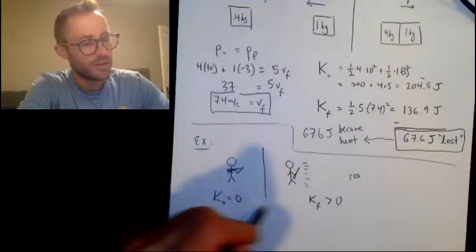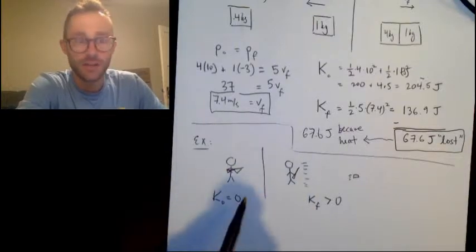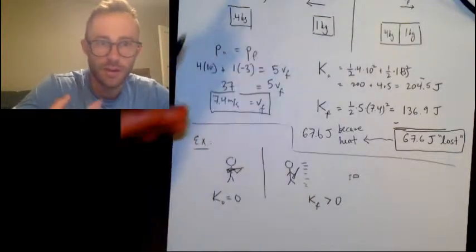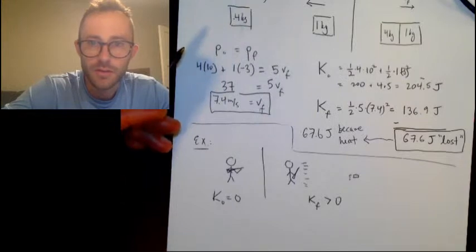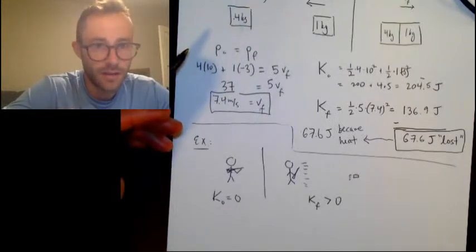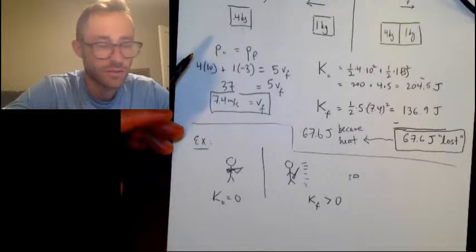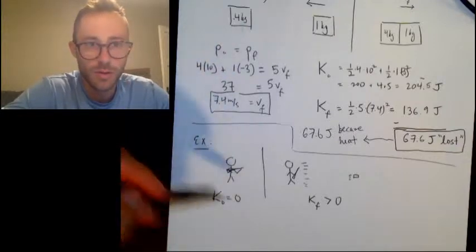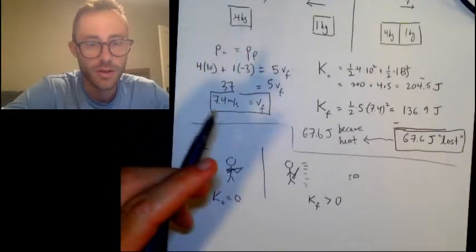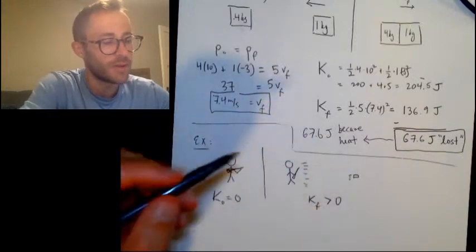So what happened here? Well, we had kinetic energy being created. So that means there's a kinetic energy gain. The final kinetic energy is greater than the initial kinetic energy. Where did that energy come from? It came from chemical potential energy of the powder or whatever was used to fire the bullet. Okay?